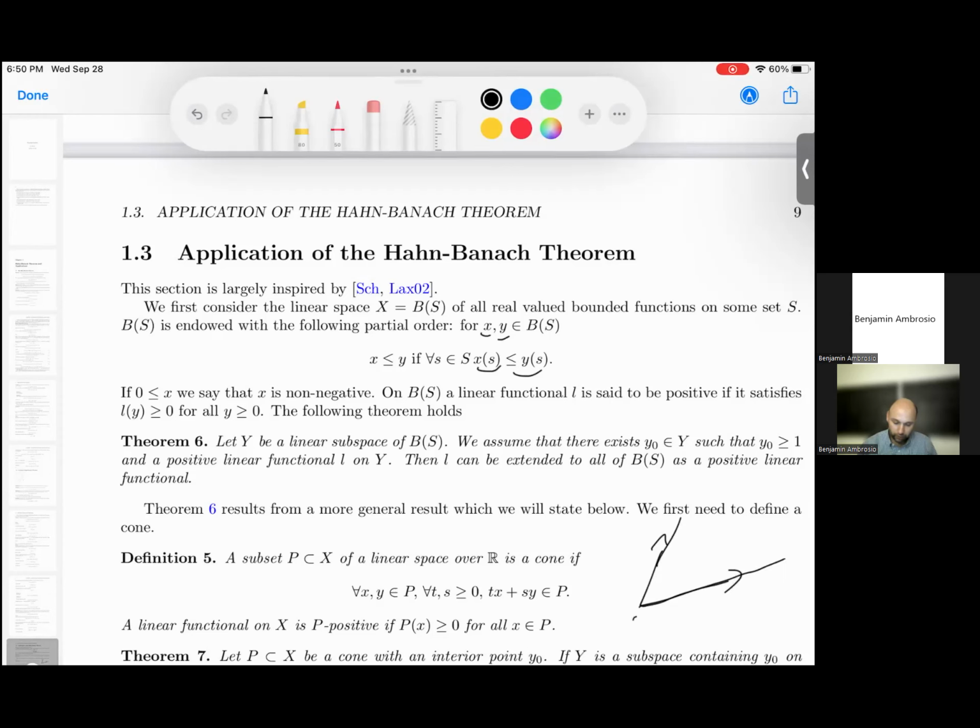So this is, for example, 0 in R2. If you take X here and Y here, and a positive combination of X and Y.